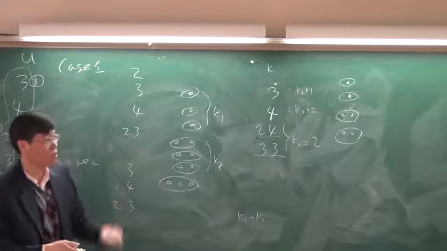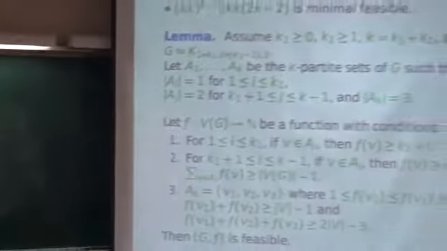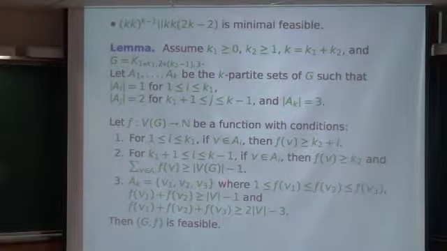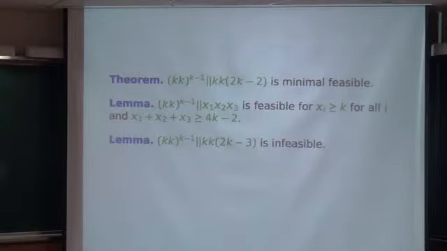So we have a slightly more complicated situation, but still you are able to show that the new graph satisfies this condition and use induction. So through that way, we can complete this theorem.